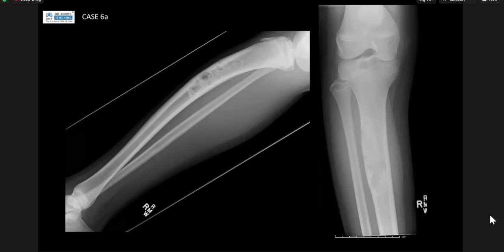On the medial aspect of the tibiofemoral joint, there is an asymmetry between the lateral and medial femoral and tibial epiphysis. And I can see some lucencies in the frontal radiograph on the lateral aspect of the mid-tibial diaphysis.